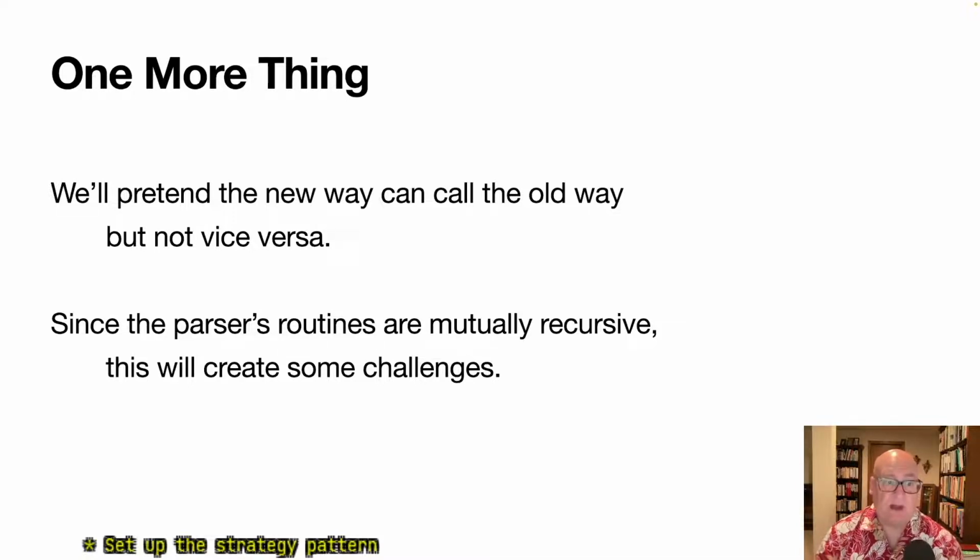You could still use the pattern. You could still test and kind of measure your progress and everything, but it's tricky if you can't call either way. But we're going to do that as a kind of artificial restriction, and just kind of simulating what happens in real life if you can't do that, working around it.